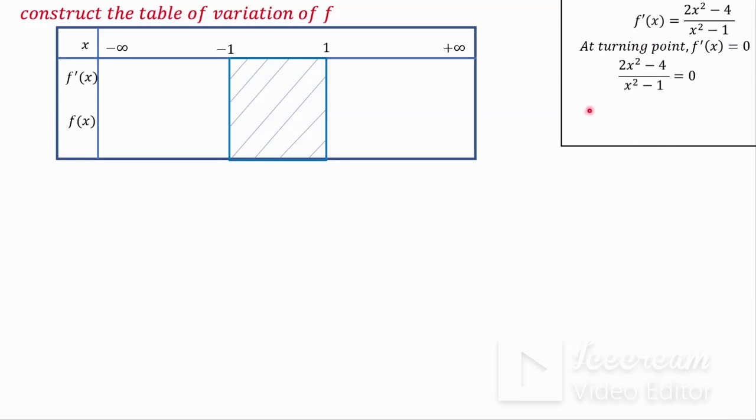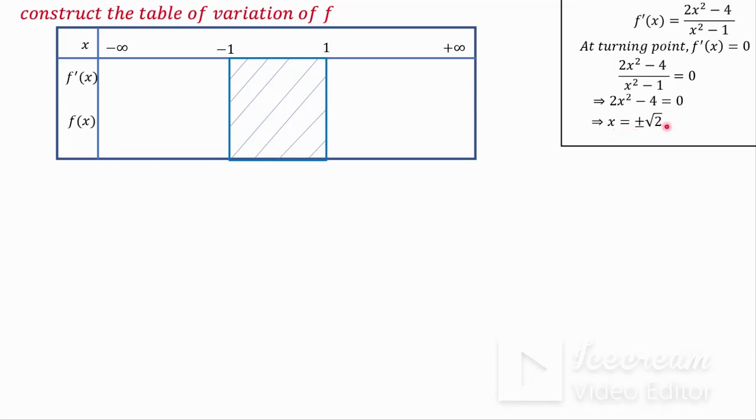It implies that 2x squared minus 4 divided by x squared minus 1 is equal to 0. For this to be equal to 0, the numerator must be equal to 0, that is 2x squared minus 4 must be equal to 0. Simplifying further, we obtain x equal to plus or minus square root of 2.